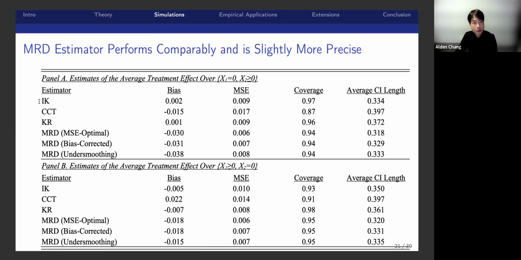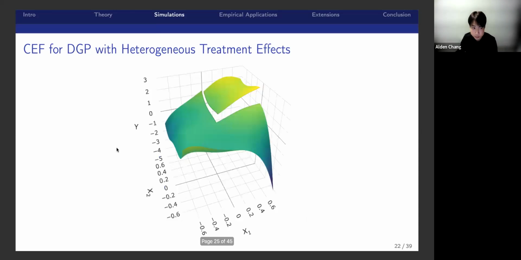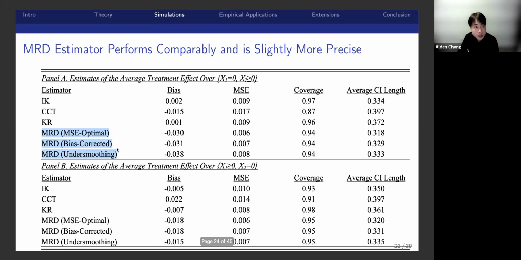Okay, so the first three rows in each panel are various single-dimensional methods, and the last three rows are various ways of using my MRD estimator, basically as different settings, and I'm just testing each one.